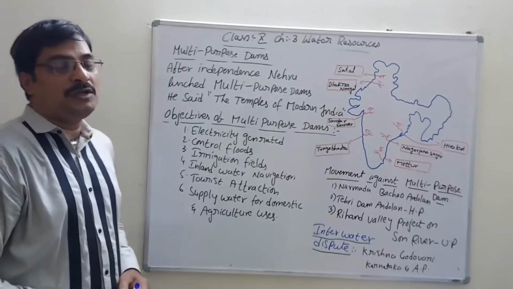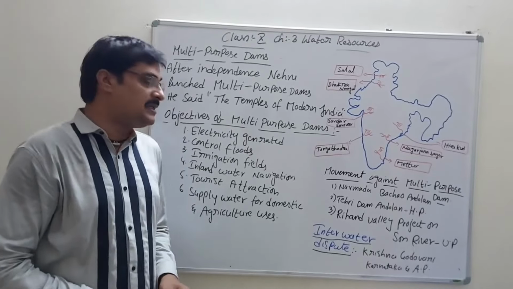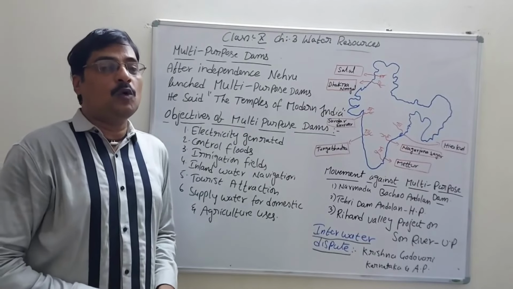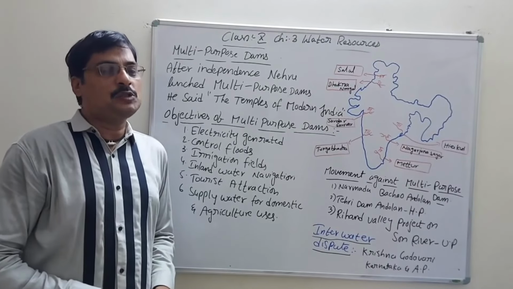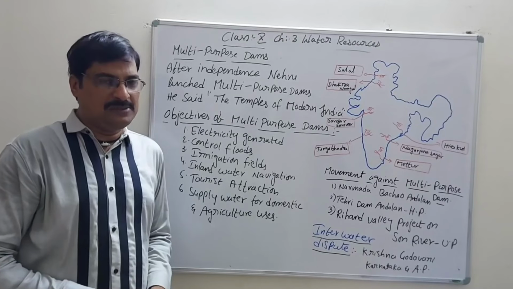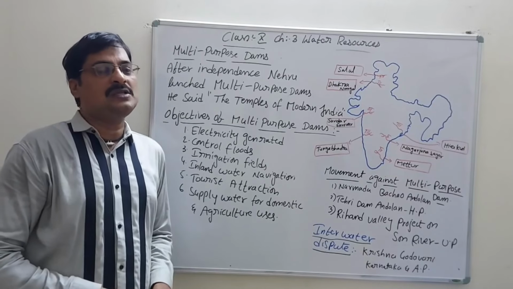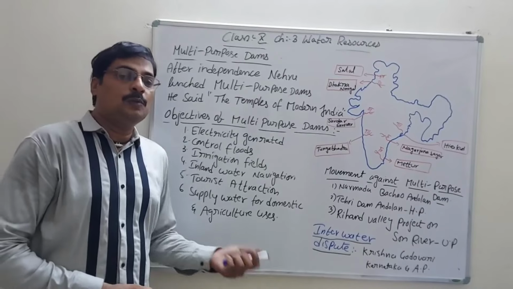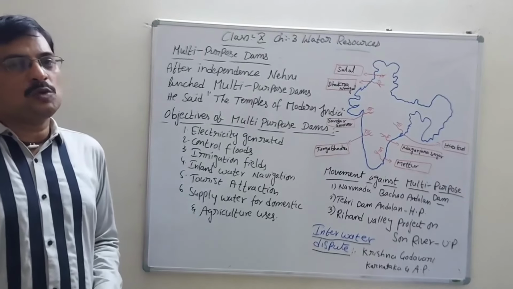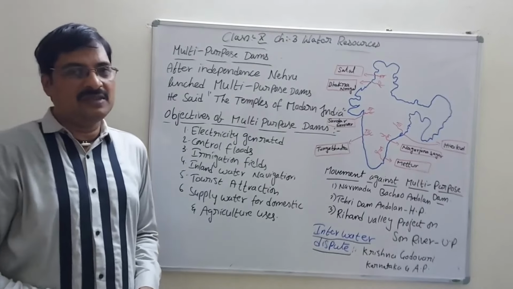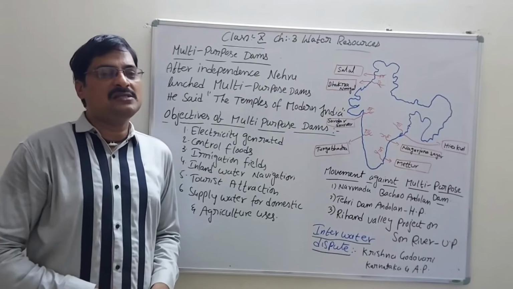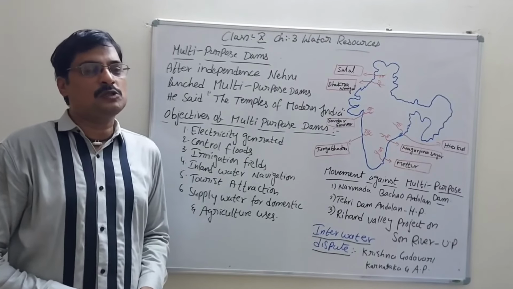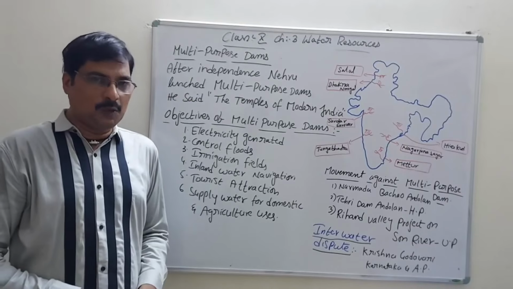Coming to the fourth one, inland water navigation. It means moving goods from one place to another through ships, and water is compulsory for that shipping. Navigation means goods are moved from one place to another by sea route.